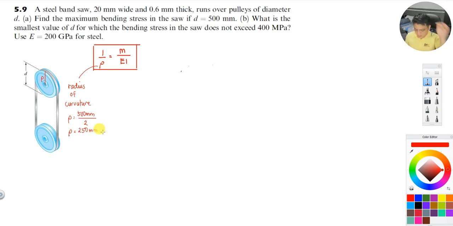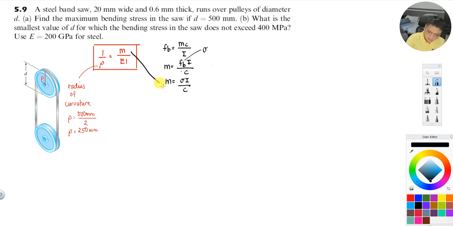Now, from the FB equals to MC all over I, kukunin ko yung value ng M. So my M would become equals to FB I all over C. Ito, ano rin yan, stress din yan. So, pwede kong sabihin, sigma I all over C. Ngayon, ilipat ko doon, palitan ko.